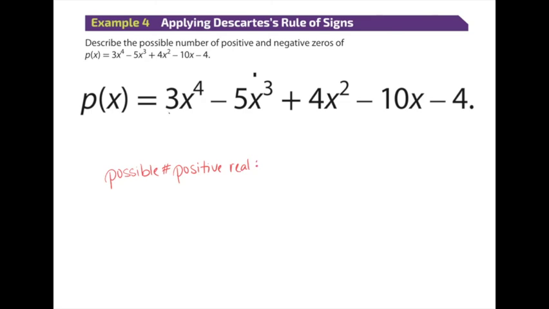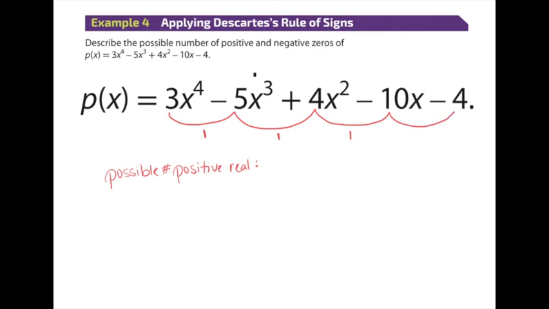3 is positive, negative 5, so that is one sign change. All right, then it goes from negative 5 to positive 4. That is another sign change. Then it goes from positive 4 to negative 10. That is another sign change. Negative 10 to negative 4 did not change signs, so I don't count that.